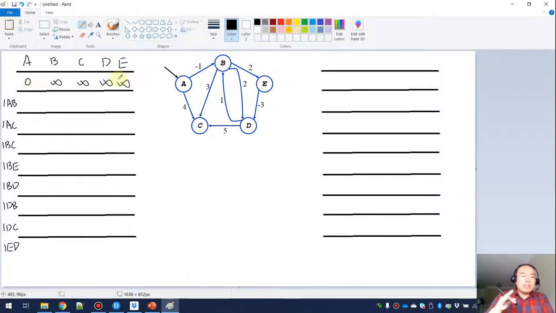So that is the d: based on the current information, the shortest path we can go from the source A to each of the other nodes. So far we only know A is the source, and for B, C, D, E, we don't even know how to get there yet.